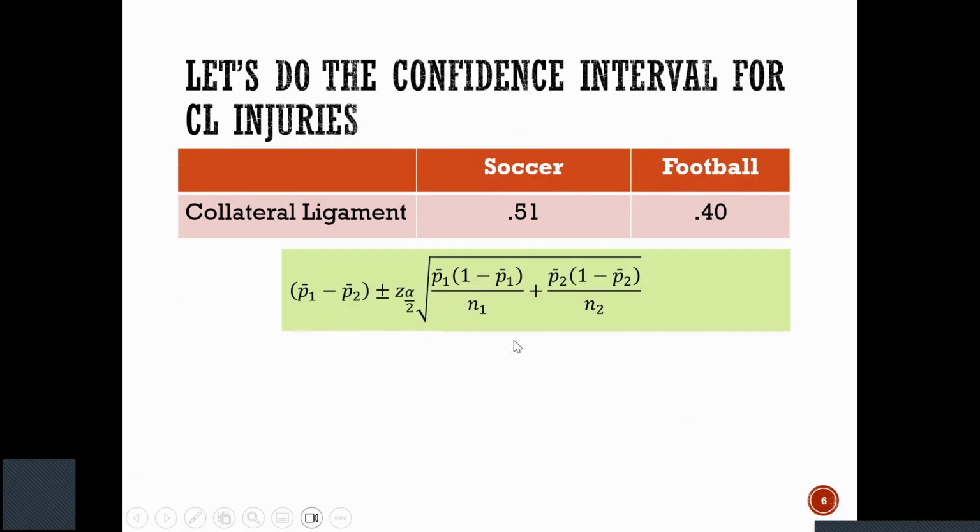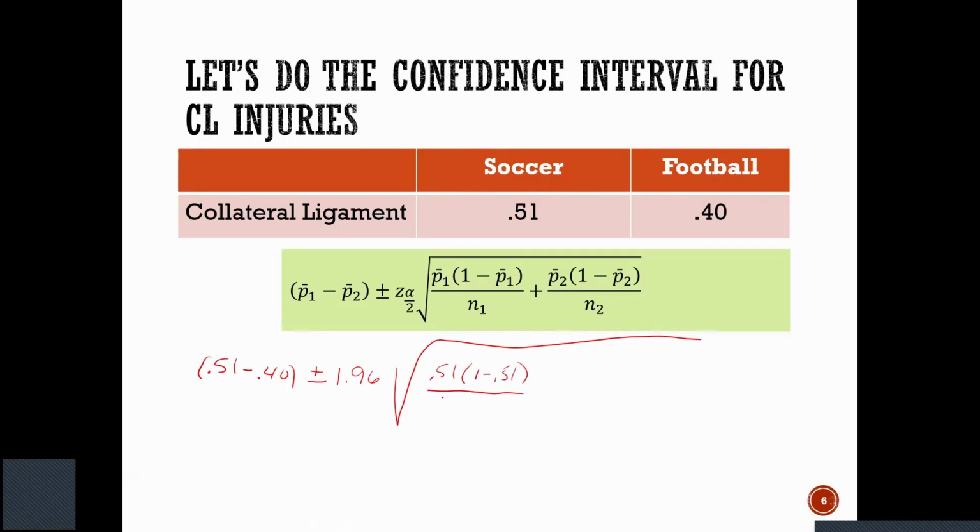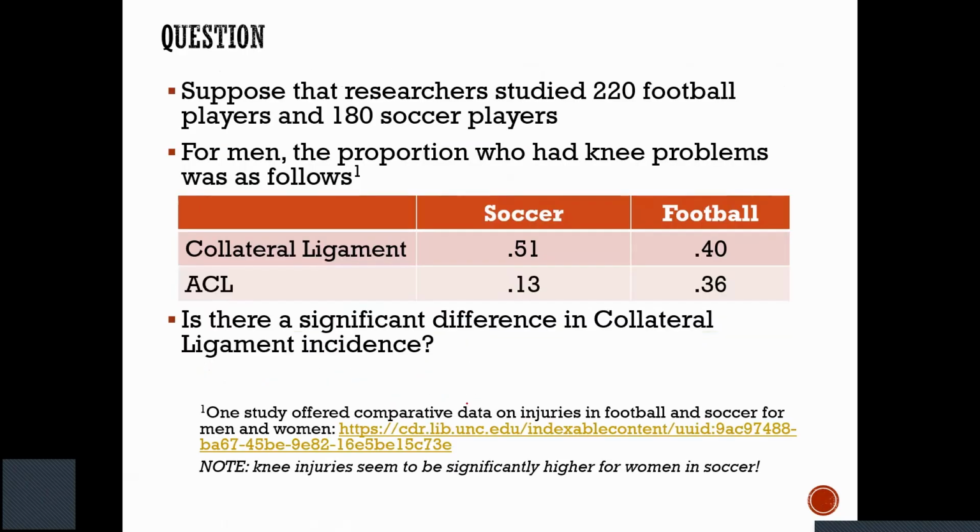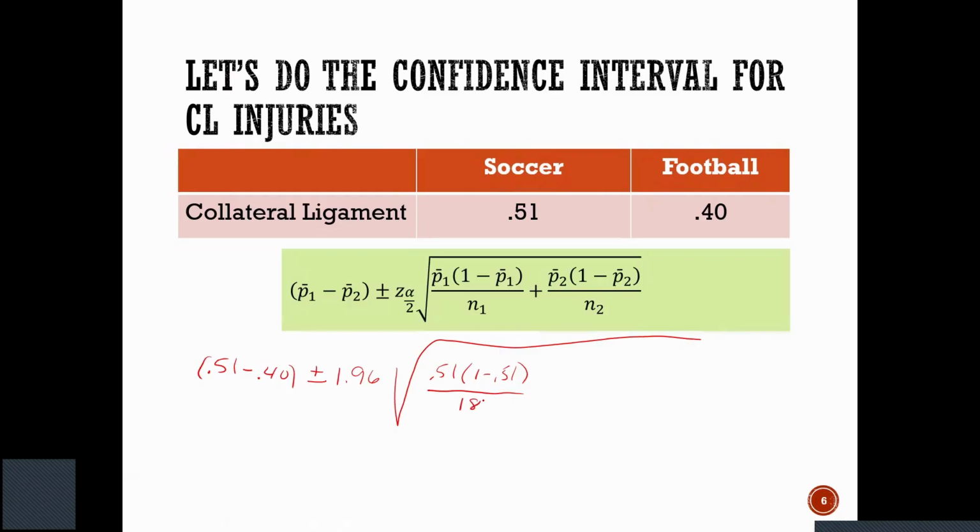And this is our formula for the confidence interval. We're going to work this out on the next slide, but for now, that gives us 0.51 minus 0.40 plus or minus 1.96 times the big square root of 0.51 times 1 minus 0.51 over 180 soccer players, plus 0.40 times 1 minus 0.40 over 220 football players.